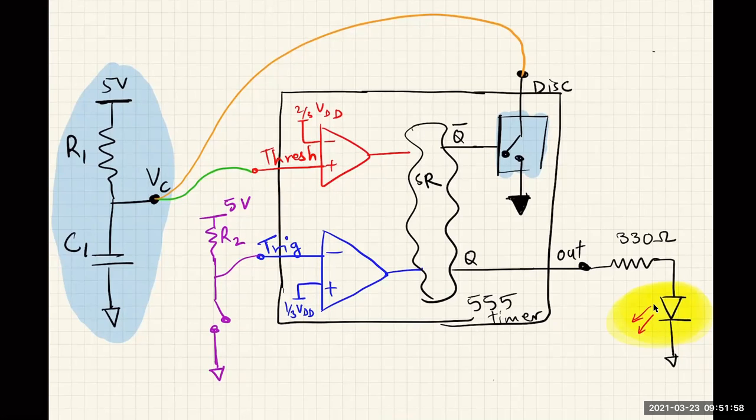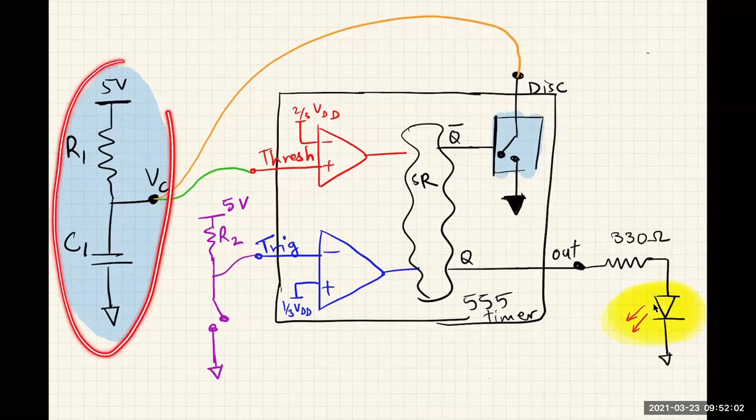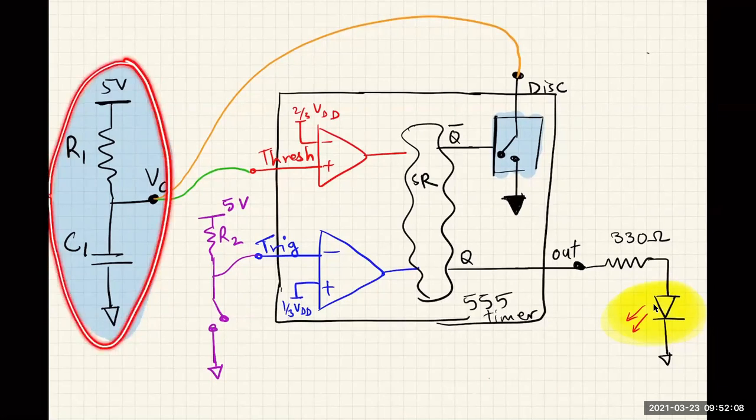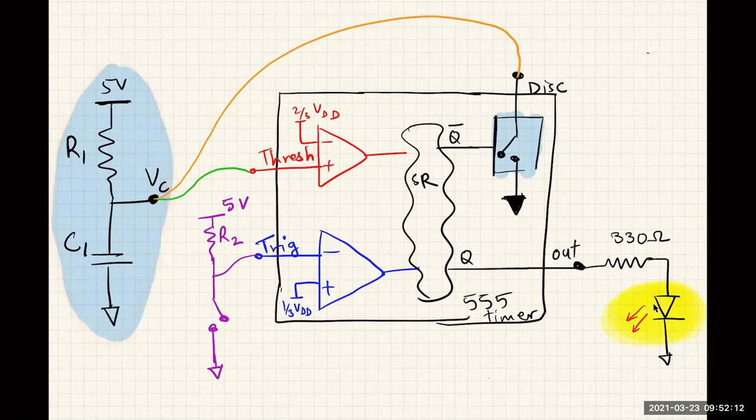First of all, I want you to concentrate on this part, R1 and C1. This is the functional timing circuit. Basically, you have a capacitor being charged through a resistor, a simple RC circuit.